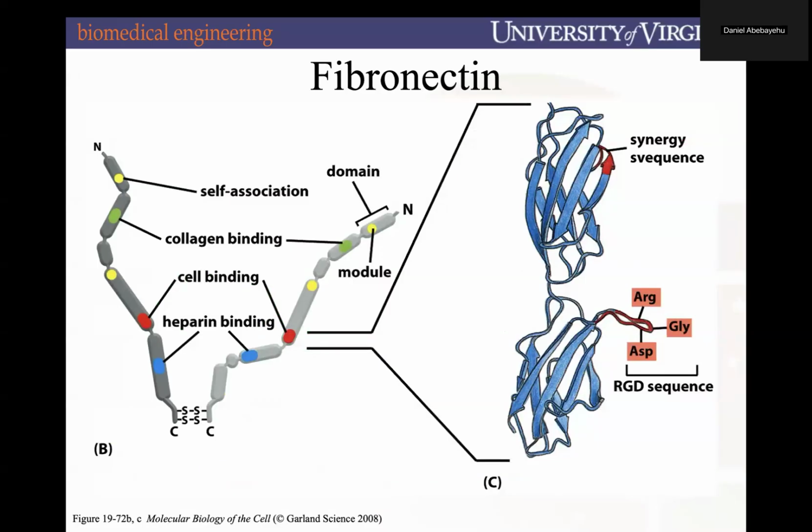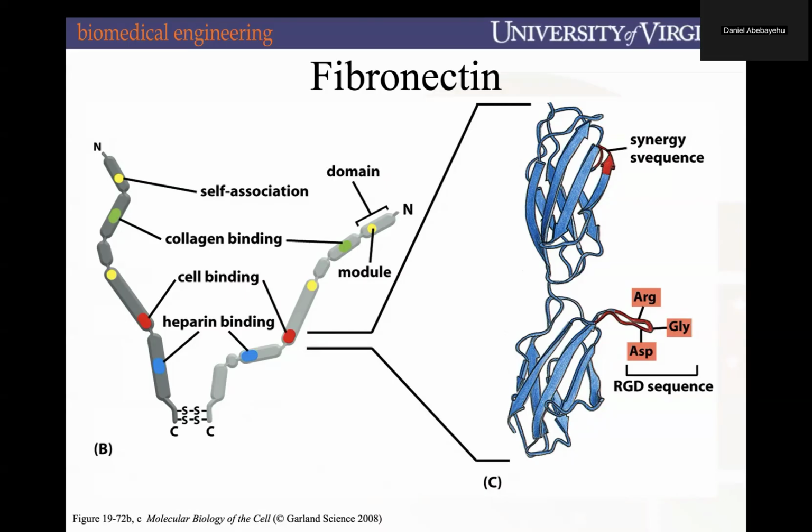The final fibrillar protein we're going to talk about is fibronectin. What's unique about fibronectin is that it does not quite possess the same structural function that elastin and collagen have. This ECM protein serves a role as a bit of a cell signaling hub, because what you can appreciate here is that there are domains that bind to heparin, as well as some other GAGs, but heparin is chief among them.